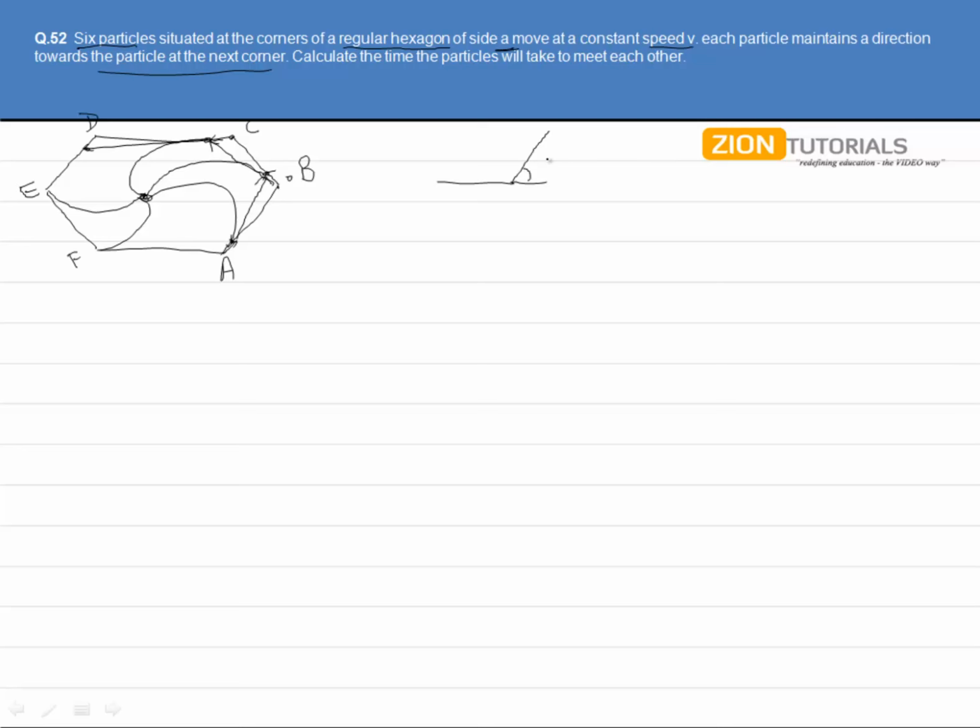We always know that the exterior angle for the regular hexagon is 60 degrees. Assuming this to be A and this to be B, notice we are taking this one and we have taken A and B over here.